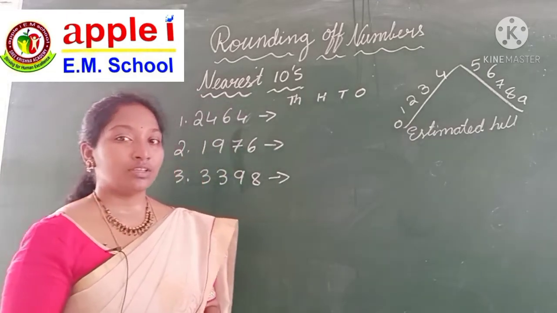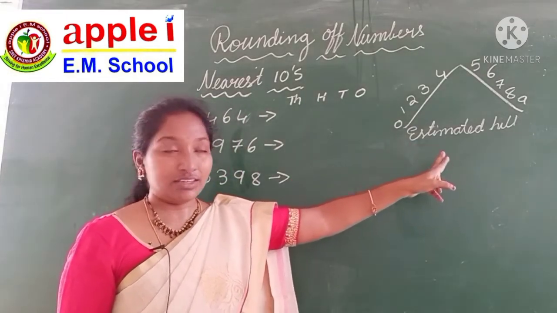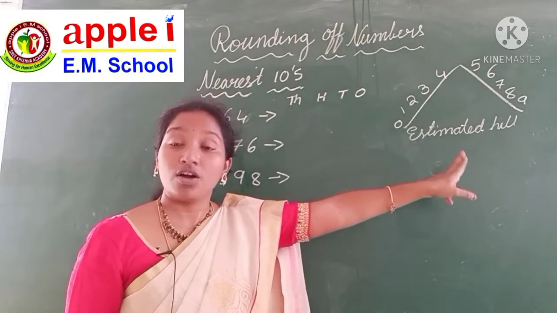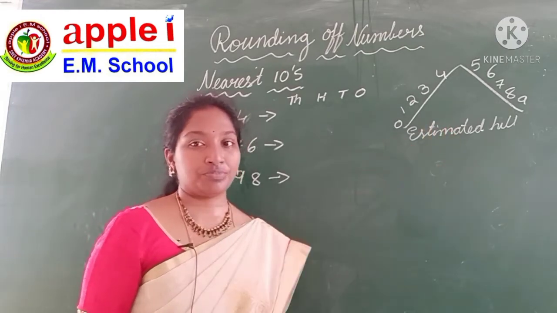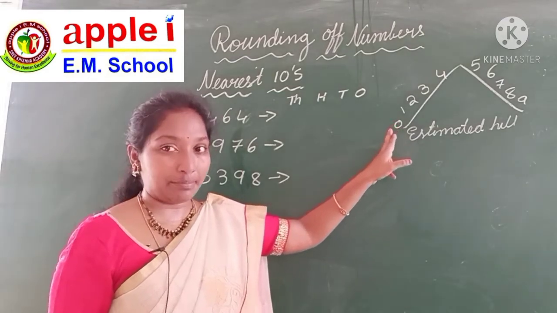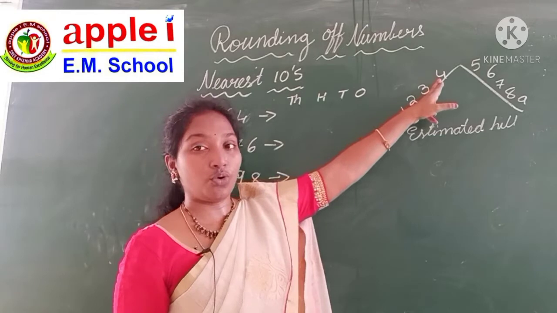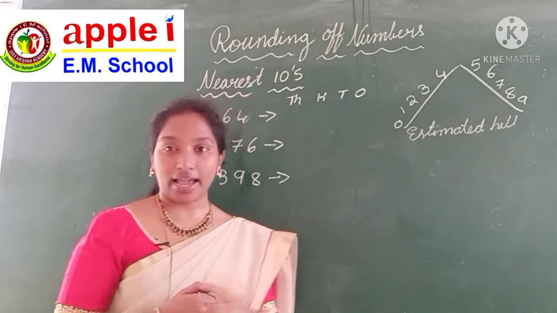If you see the board here, I have drawn one diagram. This is called the estimated hill. If you observe here, I have written numbers 0, 1, 2, 3, 4, 5, 6, 7, 8, 9.